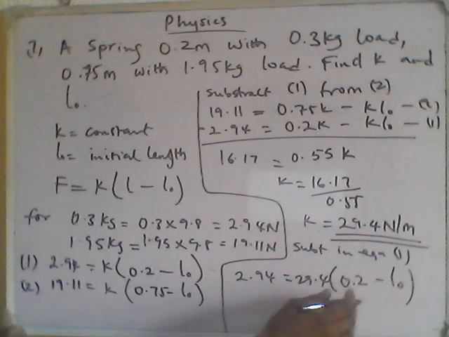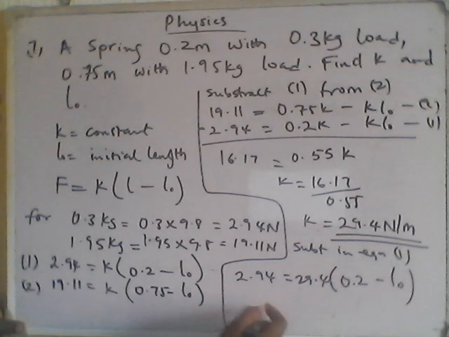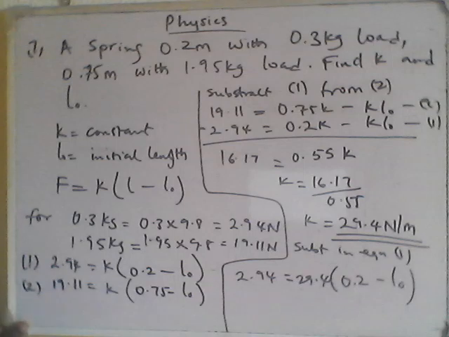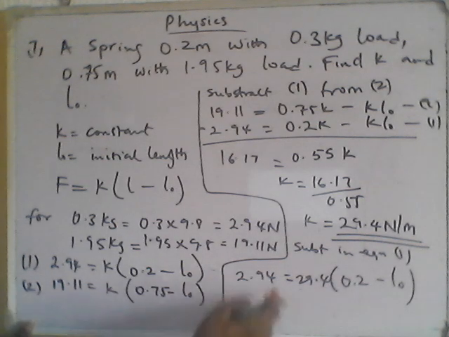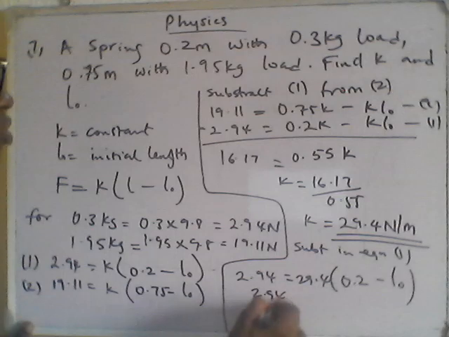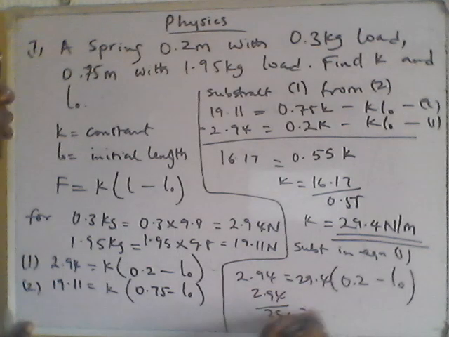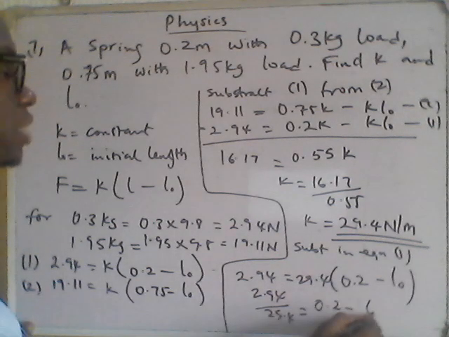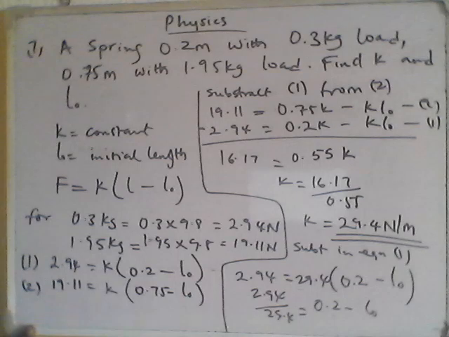I can divide both sides by this. So I can say 2.94 over 29.4 is equal to 0.2 minus L0.